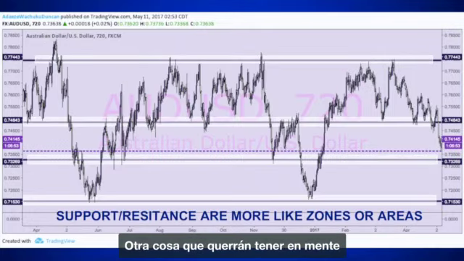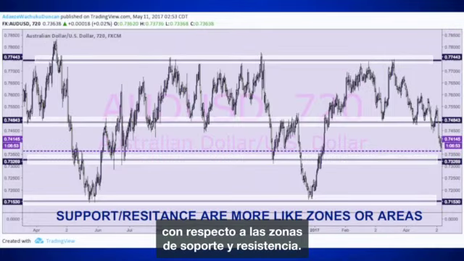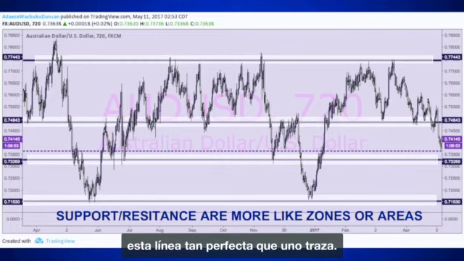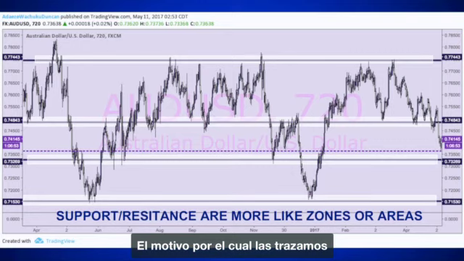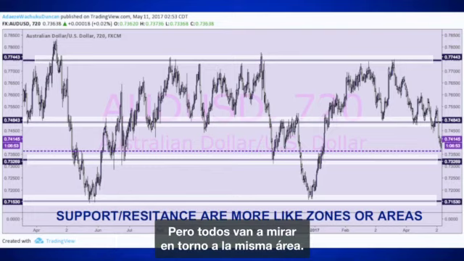Something else you want to keep in mind in regards to support and resistance zones. They're not like this perfect little line that you draw where price has to come and touch this perfect little line. They're more like zones or broad areas. The reason I have them drawn as zones or broad areas is because not everybody is going to be looking at the exact same place, but they're all going to be looking around the same area.